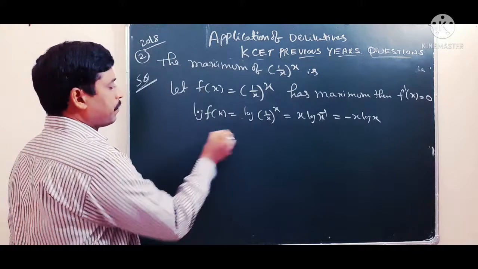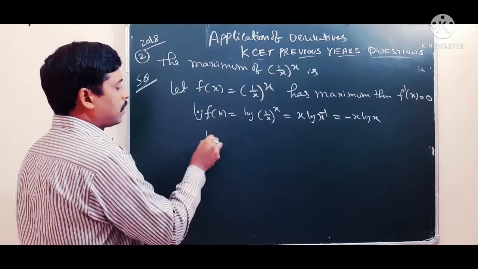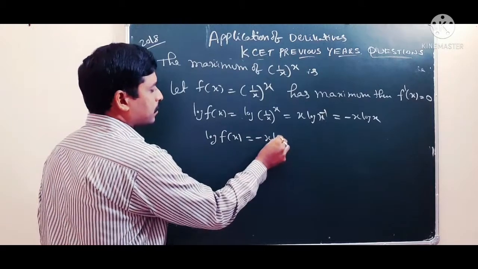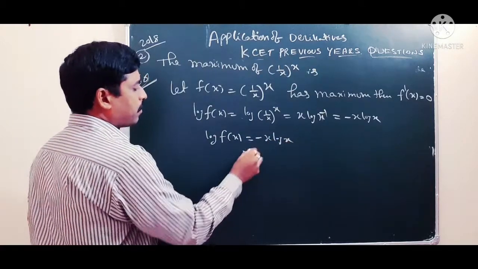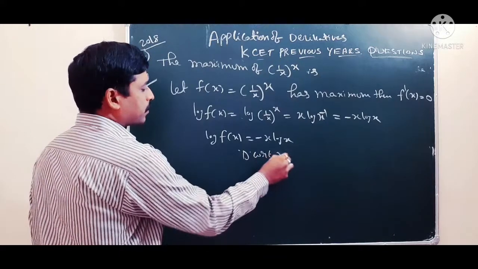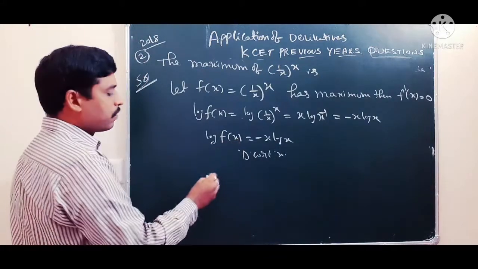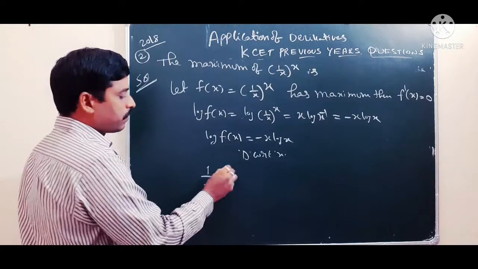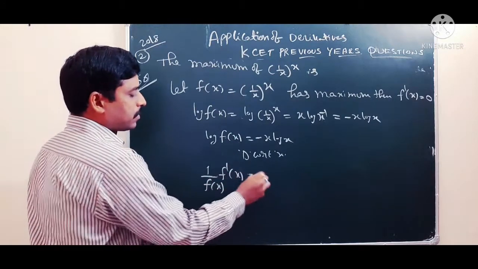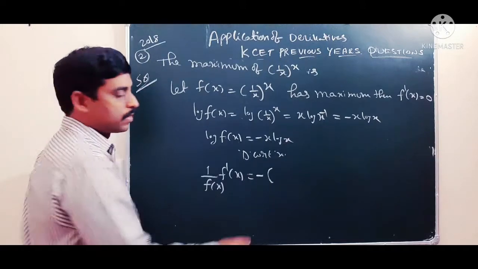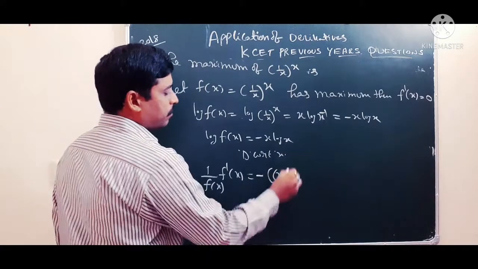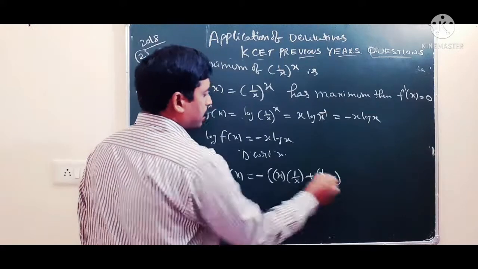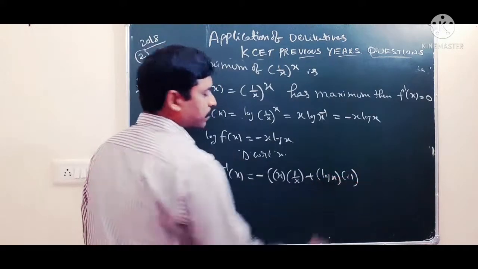Now applying derivative on both sides with respect to x. So log of f of x is equal to minus x log x. Derivative of log f of x is 1 by f of x into derivative of f of x, which is f dash x. By using the UV formula, x into the derivative of log x is 1 by x, plus log x into the derivative of x, which is 1.